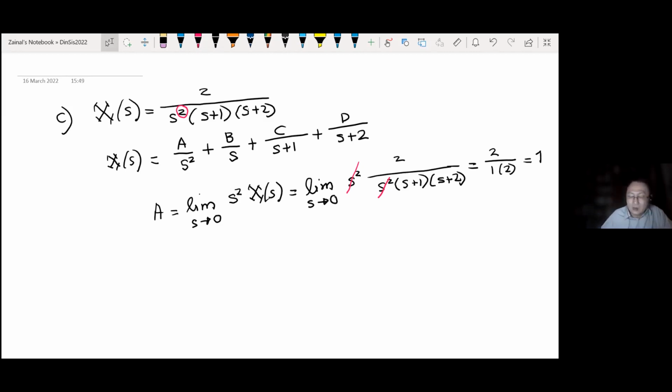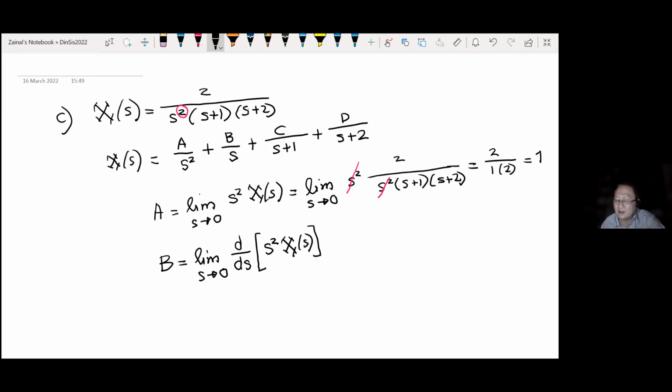Okay, now how to find B? B is the limit as S goes to 0. Now this one you cannot calculate by S multiplied by X(S). What you do is d/dS of S squared multiplied by X(S).